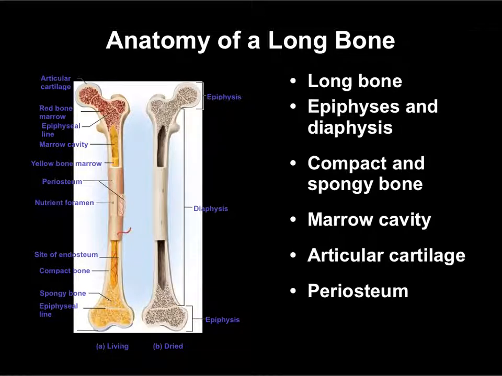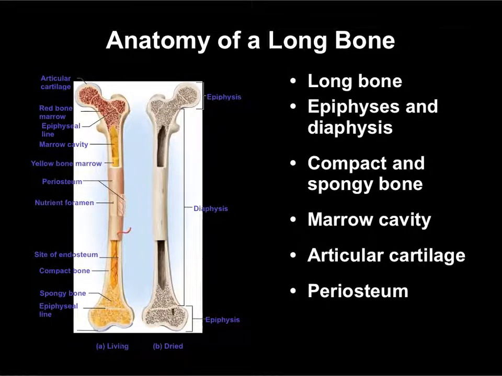The epiphysis has a much thinner layer of compact bone on its outside, and inside it has thin sheets called trabeculae of bone that make up its entire inner structure. These thin interconnected sheets of bone are what make up the spongy bone.